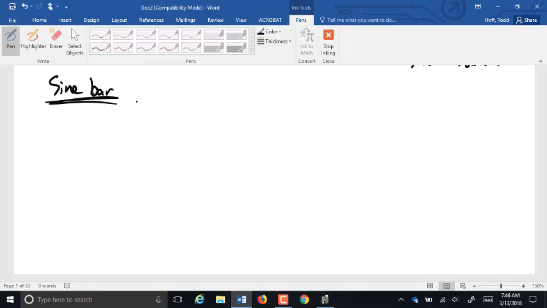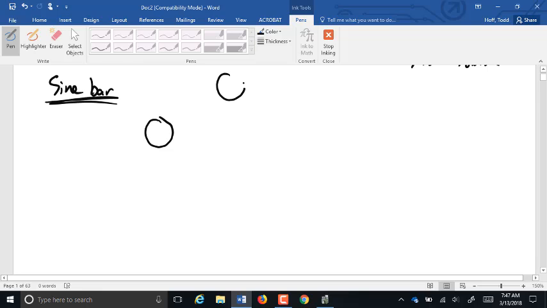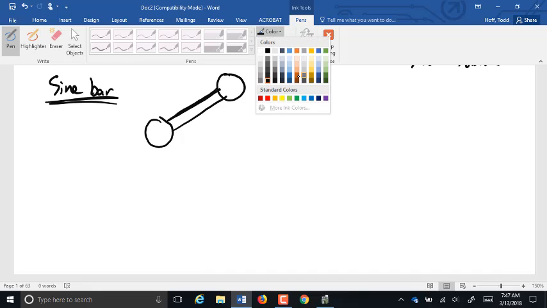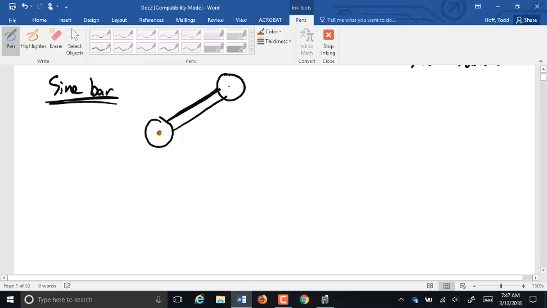All a sine bar is, is a very precisely machined bar that has round ends on it and a very, obviously way more precise than I'm capable of drawing, precise platform on it. And the center of these round ends here, center to center, is either exactly 5 inches or exactly 10 inches.